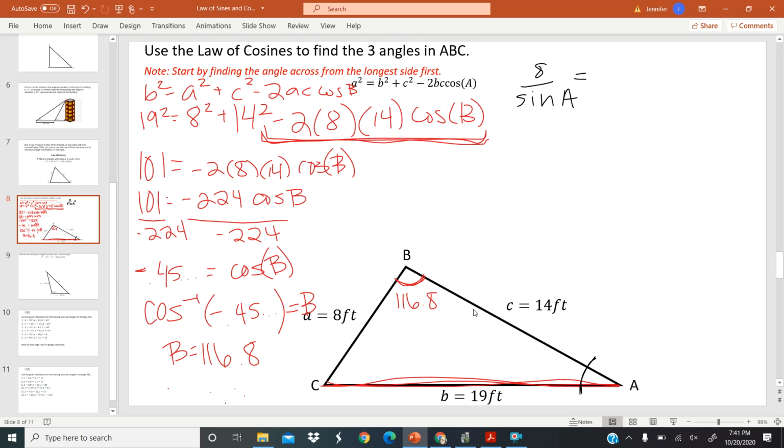And then that would be equal to side little b, which is 19, divided by the 116.8 number that we had a minute ago. And so now we can cross multiply here and get 19 times the sine of A is going to be equal to the 116.8 times 8.